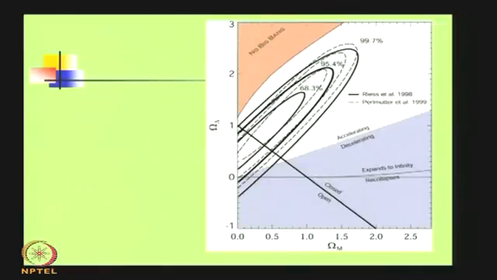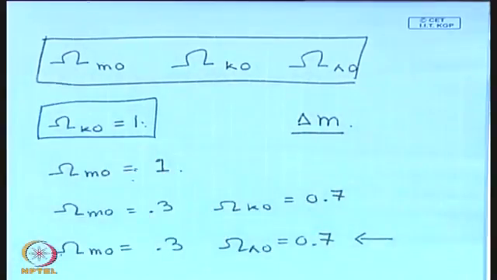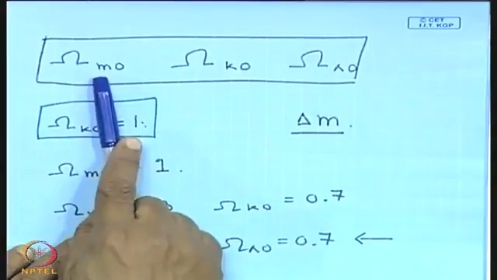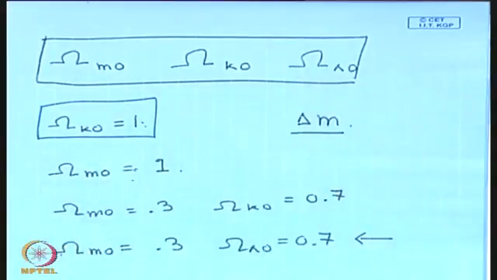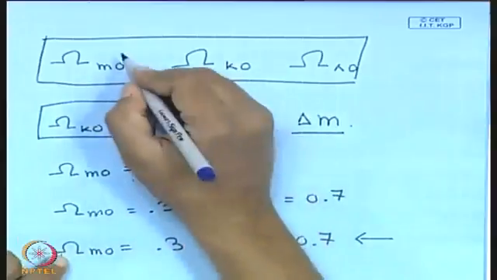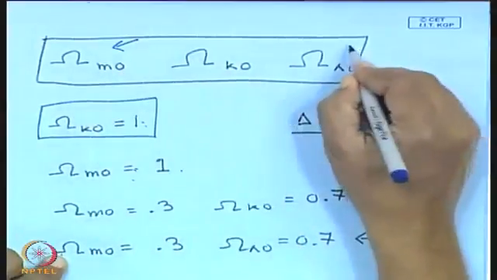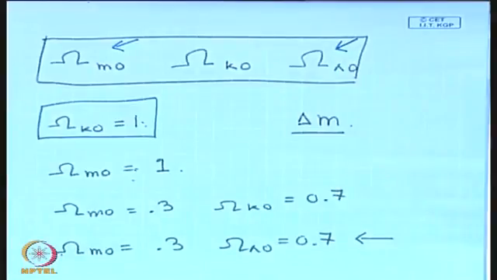How can I put constraints on the model parameters? There are 3 parameters in my model: the amount of matter at present, the amount of curvature at present, the amount of cosmological constant at present. The sum of these 3 should be 1. So it is quite clear that any 2 of them will do. The 2 which have been shown here are this and this. These can take any value as shown in this figure.